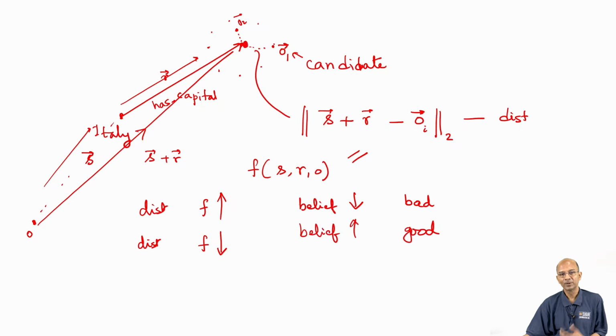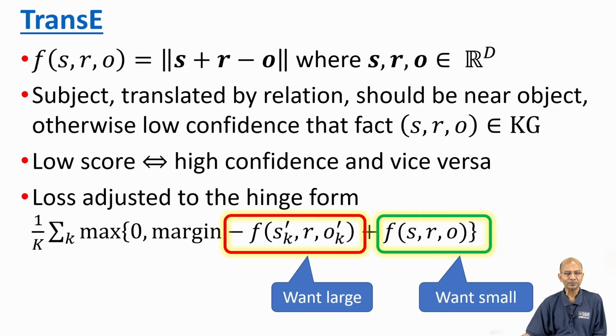Okay? So with this formalism in mind, we will say that f of S R O is the norm of the vector S plus R minus O, where in fact each entity and the relation will be embedded as d-dimensional real vectors.